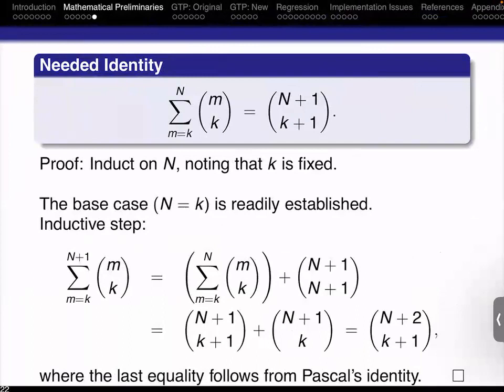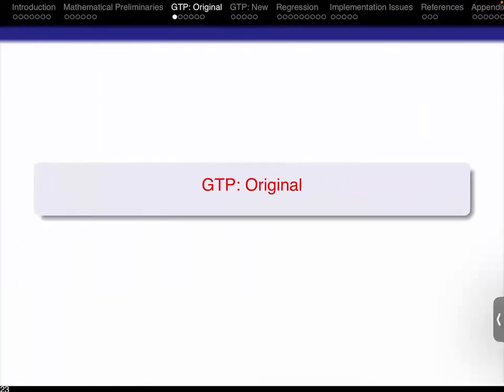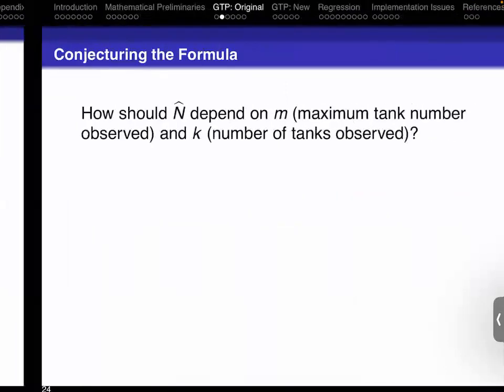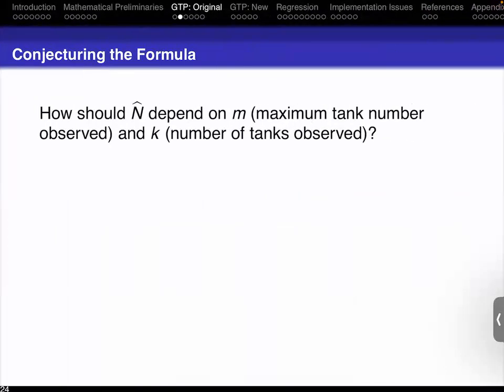You just take the expression that you want, summing up to n+1, and then you have, well, here's my sum up to n, here's my remaining term. I just add them all together and I just use Pascal's identity. And that just gives the result. So the hockey stick identity is just an immediate consequence of Pascal's identity. This is going to be the source of the miracle as to why we get closed form expressions for everything. So we've already talked about how n hat should depend on m and k.